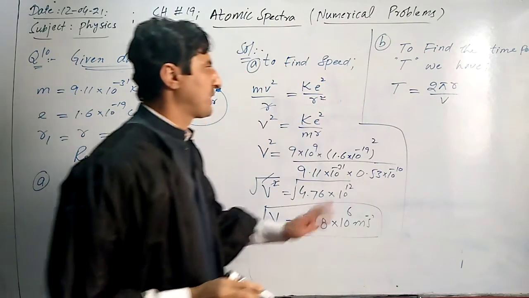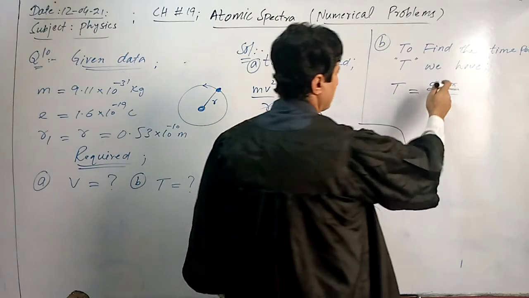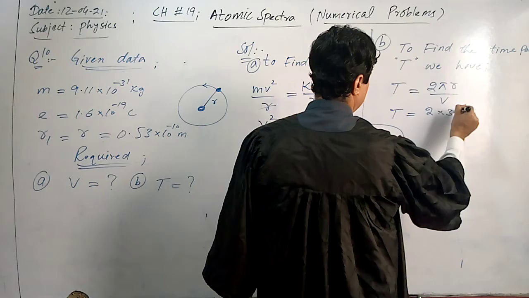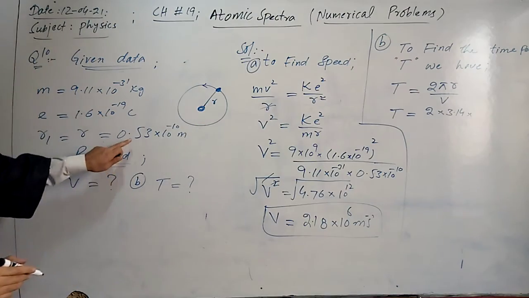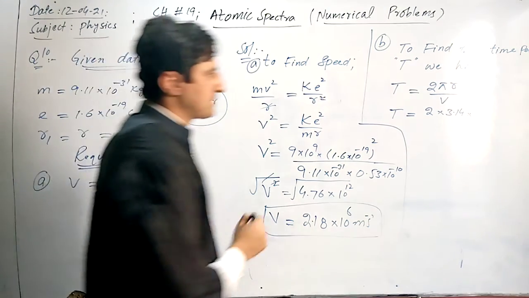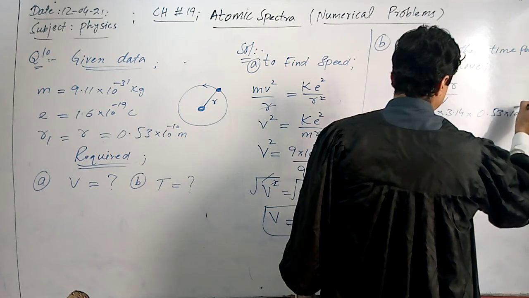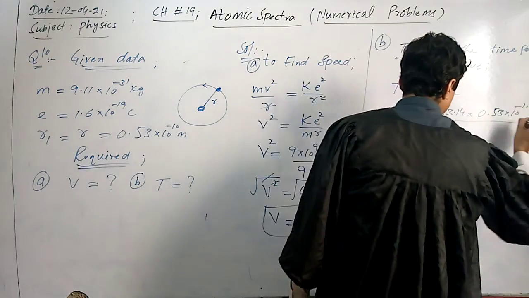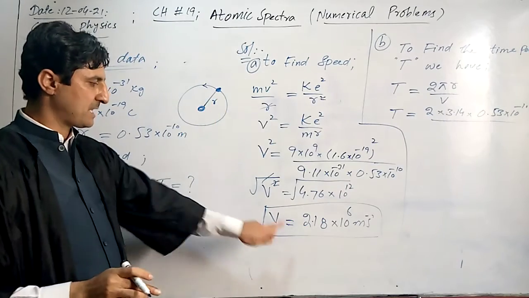So putting values in this formula, we get 2 multiplied by, what is the value of pi? Pi value is 3.14. So T is equal to 2 multiplied by 3.14, r is equal to 0.53 multiplied by 10 power minus 10, divided by v. What is v? We recently calculated the speed of the electron in this orbit.